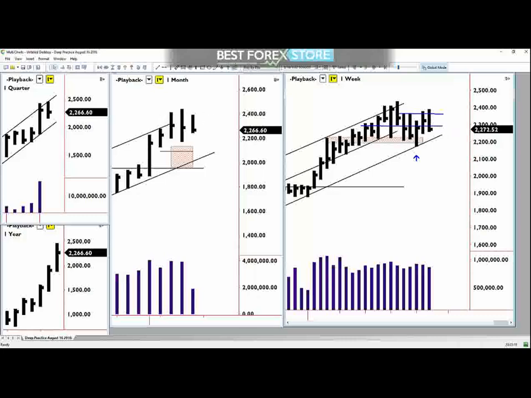And so we see the likelihood that this could either continue in congestion or come down for a bigger pullback. Brian says, let's short it. No demand in an area of supply after being overbought. Okay, we can short this in here.